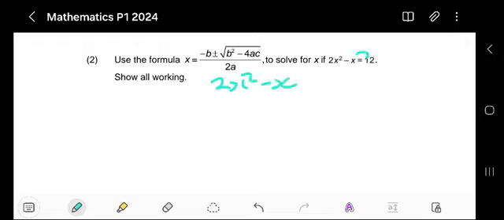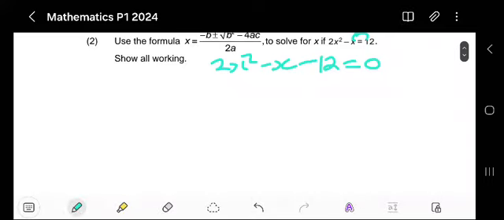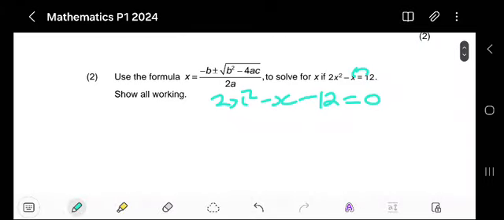You take the 12 to the other side, it would be minus 12, equals 0. You know the form of a quadratic: here a is equal to 2, b is minus 1, and c is minus 12.